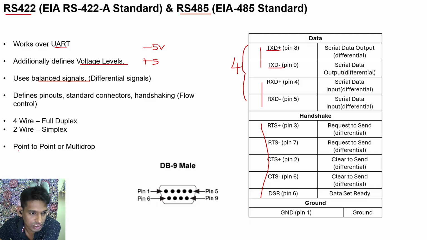And one more thing is that it can be used point to point, meaning from one device to another device, or it can be used in a multi-drop network. What I mean by a multi-drop network is a network where there is one master device and many slave devices, or more than one slave device.